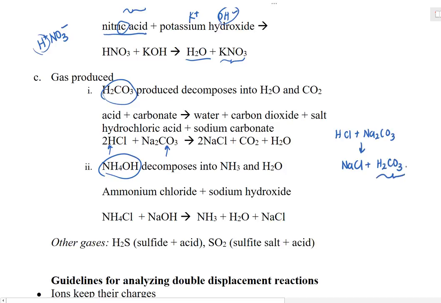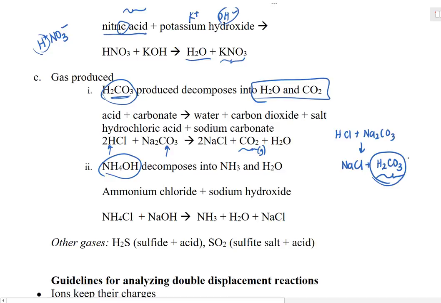When the H+ and the CO3 2- combine, they form H2CO3. This is not a stable molecule. So when you see H2CO3 being produced, it will decompose into H2O and CO2. And so our gas is the CO2.